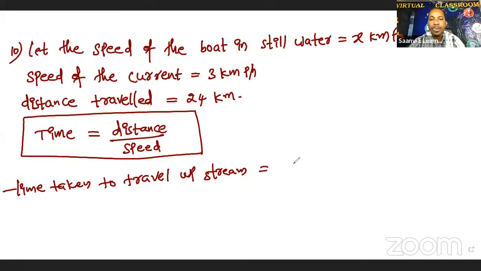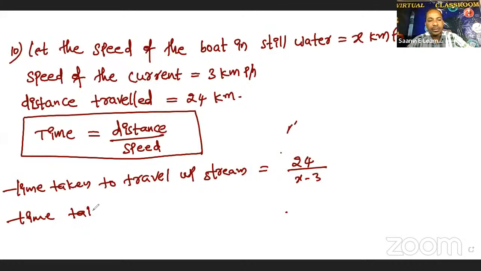The distance traveled is 24 kilometers, the speed of the boat in still water is x, and the speed of the current is 3, so here it is x minus 3.